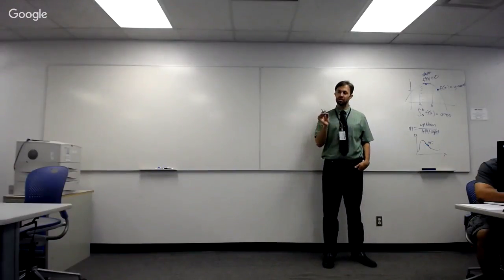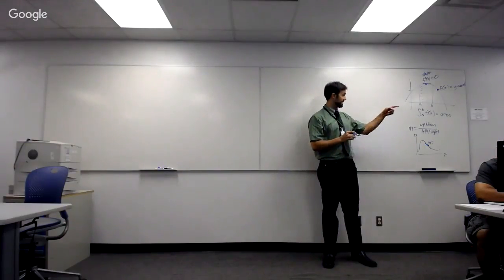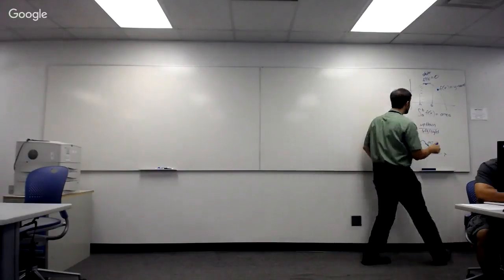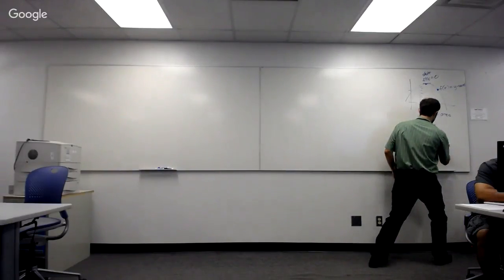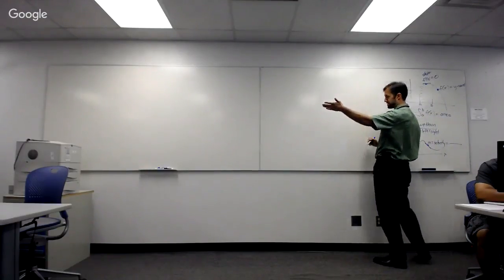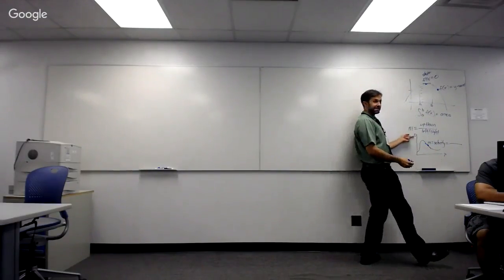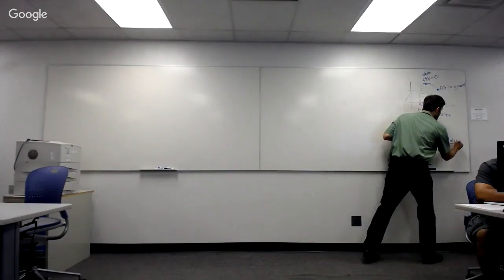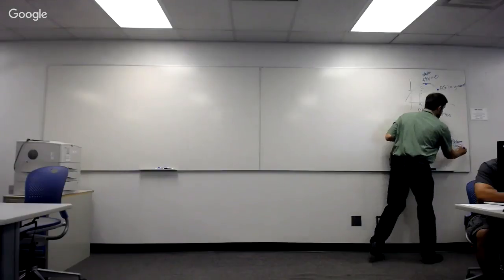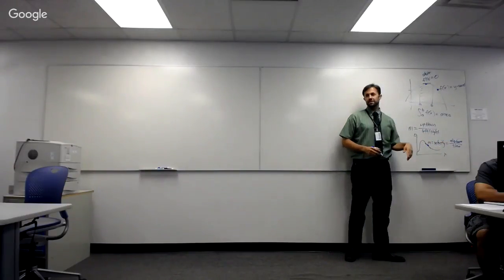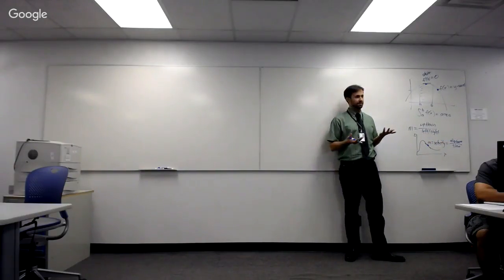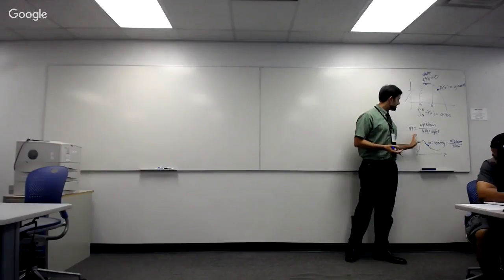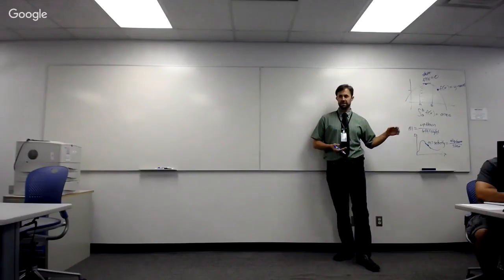What was the slope on a distance versus time graph? Yes? Yeah, the velocity. And we can remind ourselves of that because according to the verbal definition of slope, which David just told us, the up-down is distance and the right-left is time. And anytime you have a distance divided by a time, such as miles per hour in your vehicle, miles per hour represents your speed. So the slope of a distance versus time graph is your velocity or your speed.